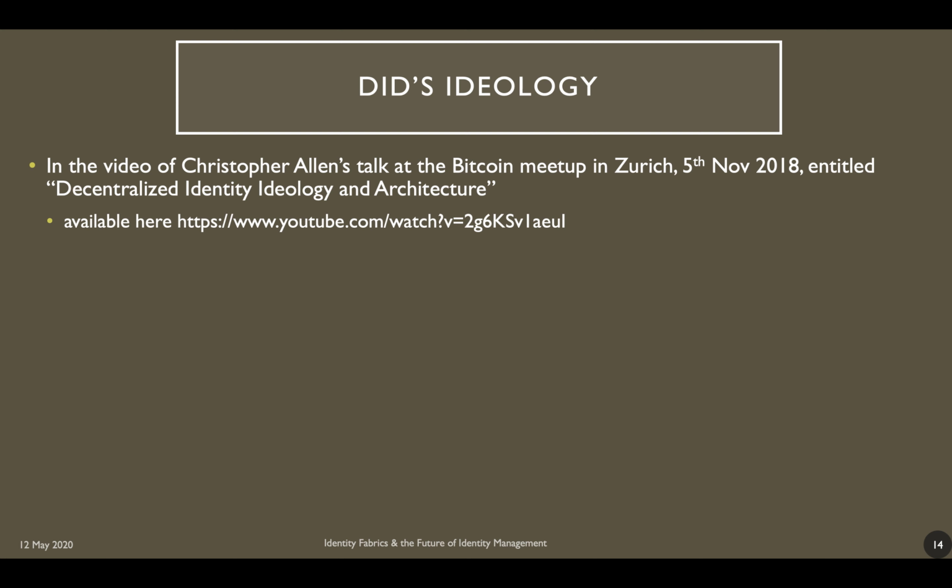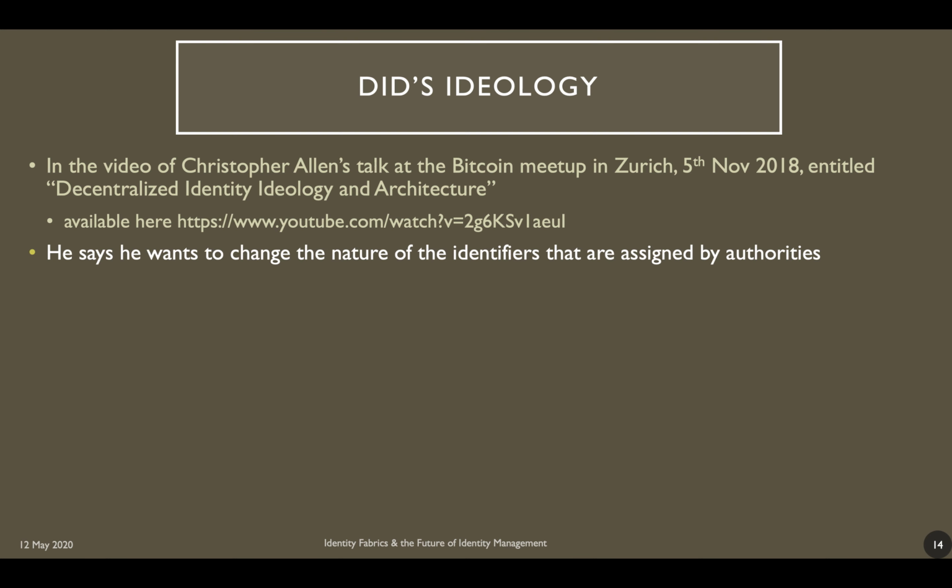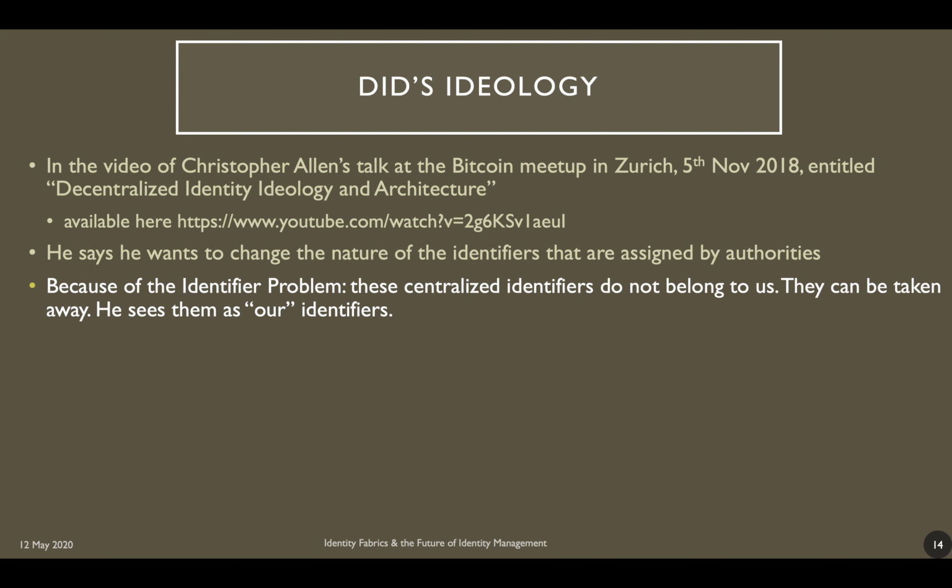By its own admission, the DID's ideology is to actually get rid of centralized identifiers and to replace them with distributed identifiers. That's their objective. And Christopher says this is because of the identifier problem. These centralized identifiers don't belong to us.